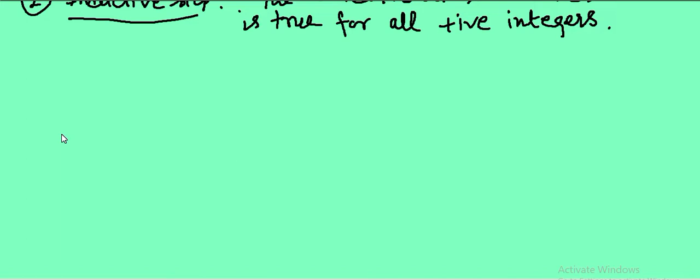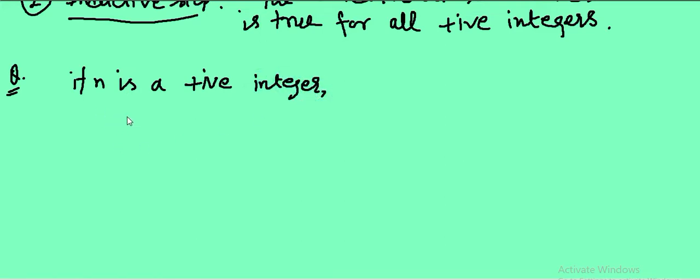So let's take an example of how this principle works and how we can prove that some given propositional function Pn is true. A question is asked in your exam: if n is a positive integer, prove that 1 plus 2 plus ... plus n is n into n plus 1 by 2.